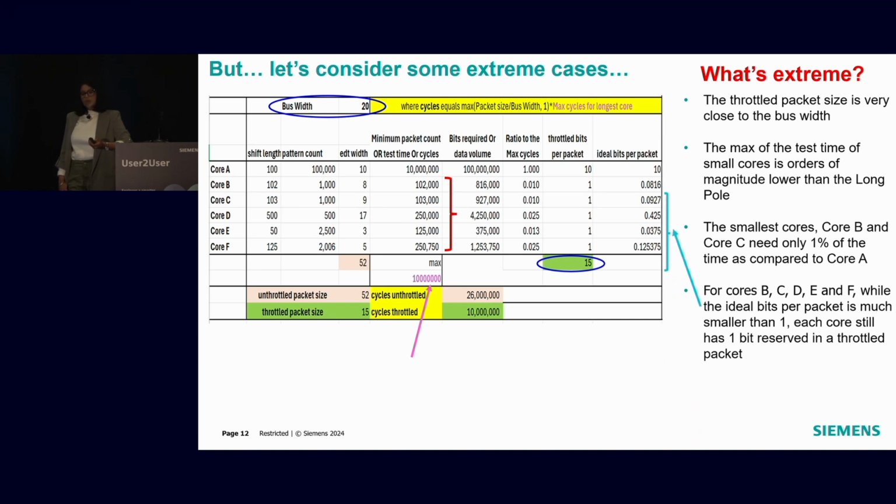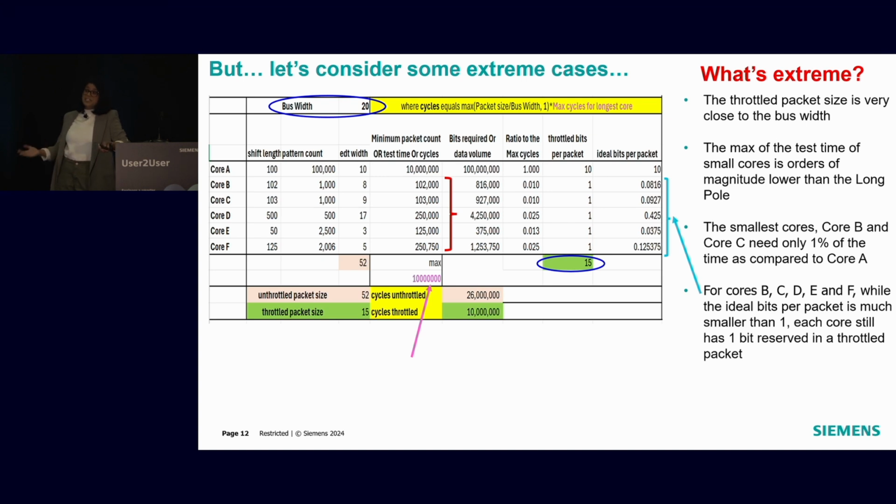But also for cores B, C, D, E, and F, we talked about throttle level, right? So now look at the throttle, the ideal bits that were required for some of these cores, much less than 1. We are not talking about 0.6 or 0.7 versus 1. Now we are talking about 0.08 versus 1.